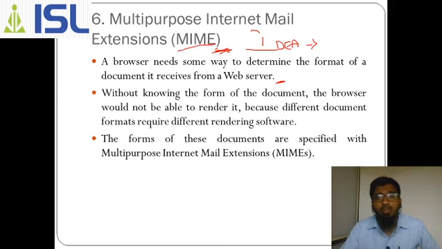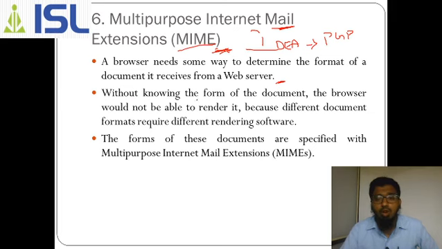This is especially for the mail, for protection. And you will see in cryptography PGP also, pretty good privacy, that also comes from IDEA. So multi-purpose internet mail extension is specially used for mails, for securing the mail.